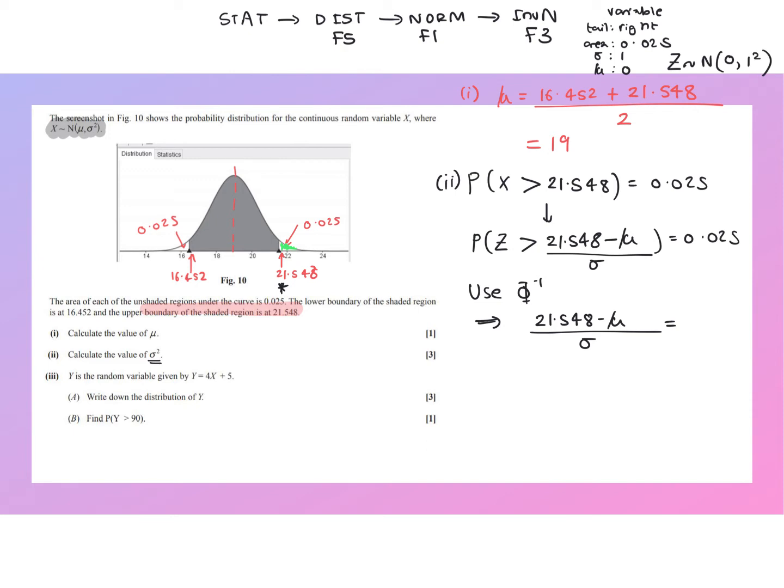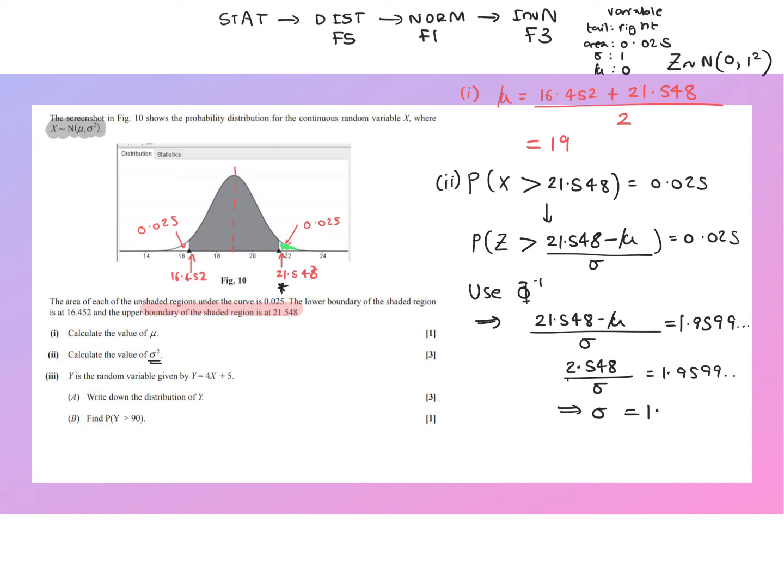So inputting all these values in very carefully then gives us the inverse phi value, which is 1.9599, and that's equivalent to 21.548 minus mu. Now mu, of course, is 19, so this then tells us that we've got 2.548 over sigma equals 1.9599, and we can rearrange this to get our value of sigma.